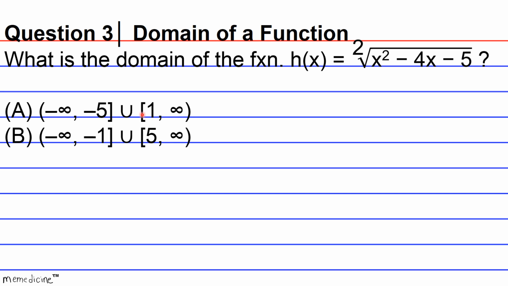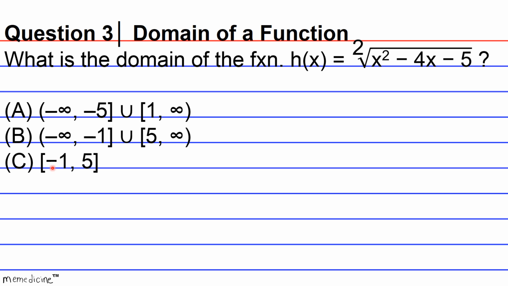Or is it going to be b, the interval from negative infinity to negative 1, do not include negative infinity, but do include negative 1, union the interval from 5 to infinity, include 5, but do not include infinity?